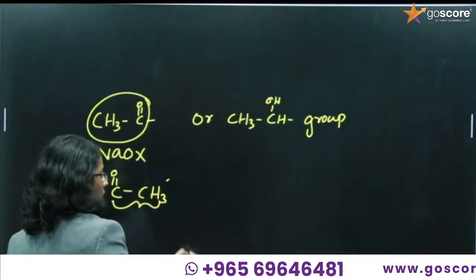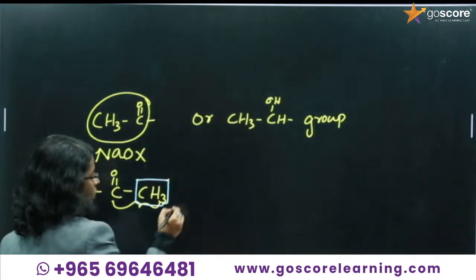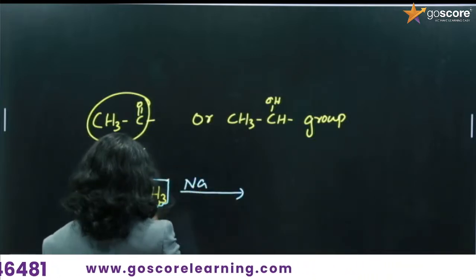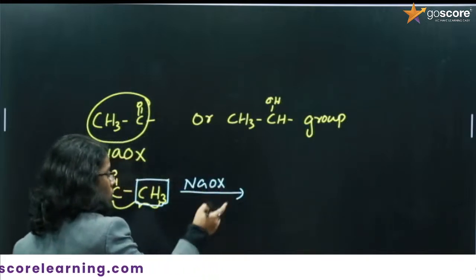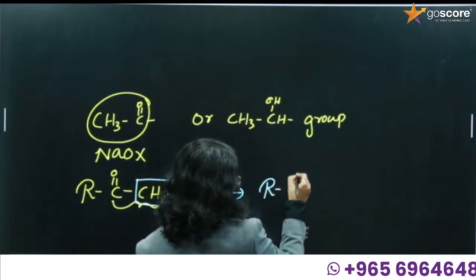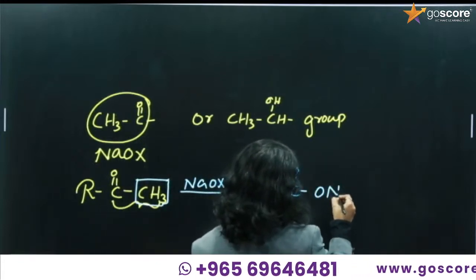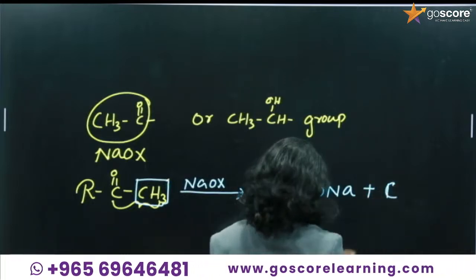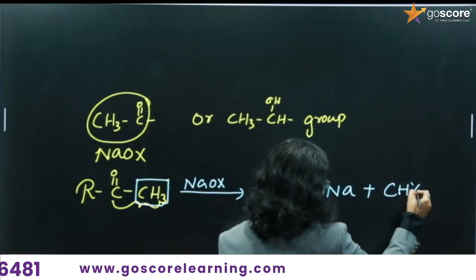Here this CH3 group will change and you will get haloform. That is, you are treating the ketone or aldehyde with sodium hypohalite, NaOX, and you will get RCOONa plus CHX3.